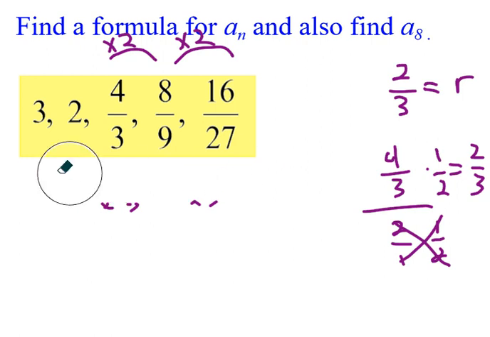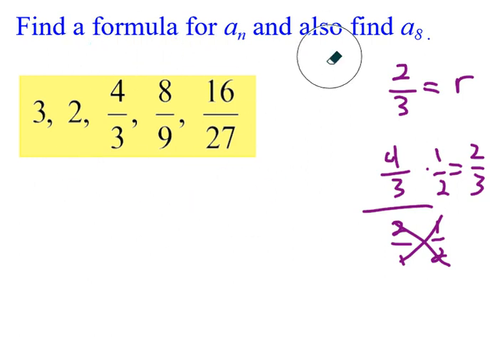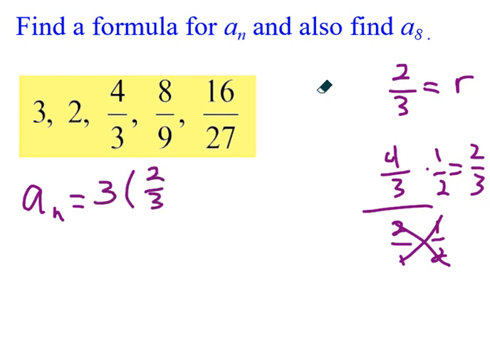What I need to do is write my formula. Let's just go right to explicit. Hopefully you can do the recursive. So an is my first term, multiplied by my common ratio n-1 many times. Because the second term is my first term multiplied by my ratio 1 time.